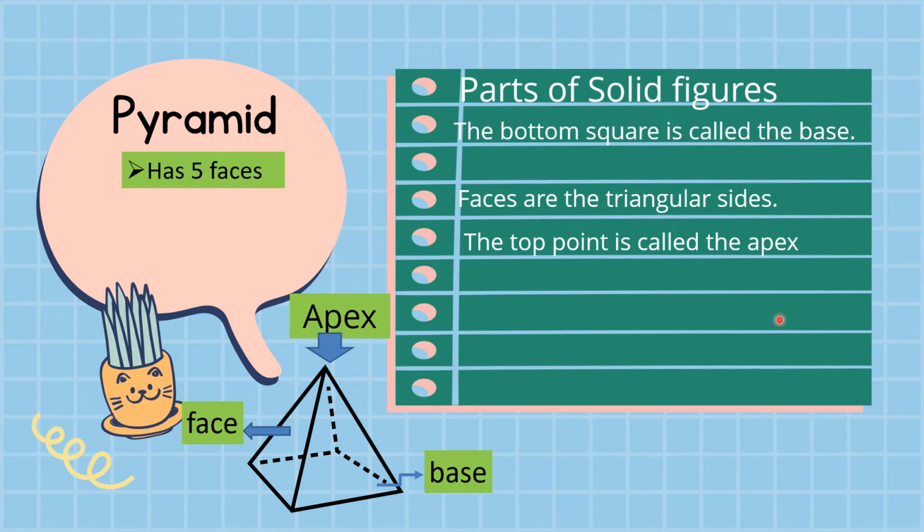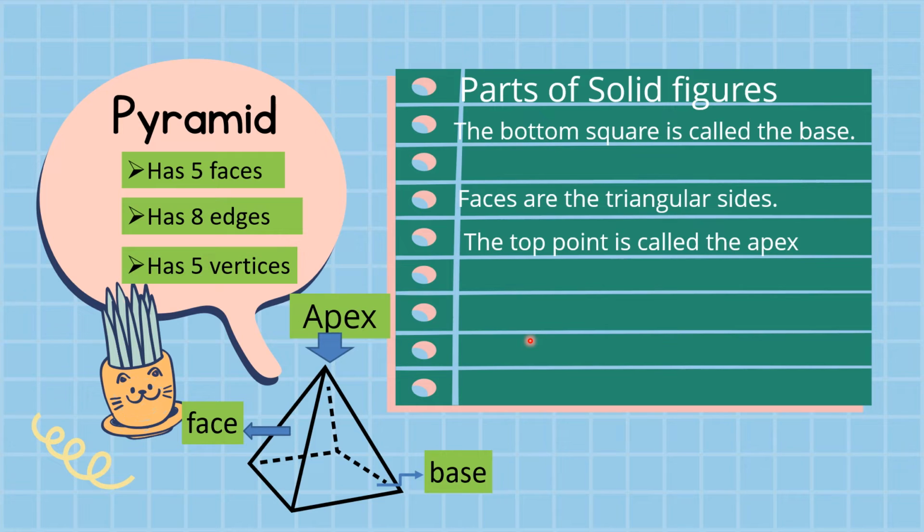So there are 5 faces. It has 8 edges: 1, 2, 3, 4, 5, 6, 7, 8. And 5 vertices, the corners: 1, 2, 3, 4, 5.